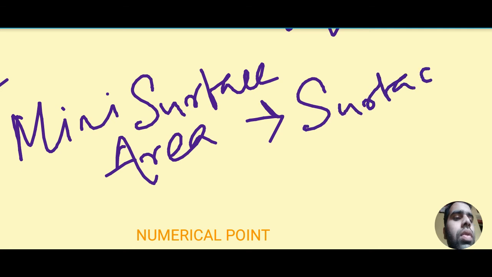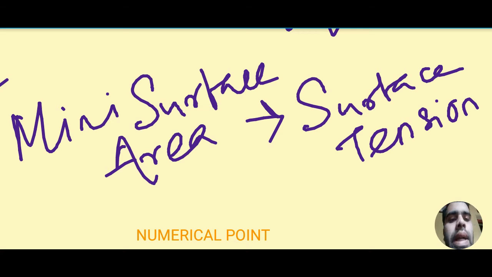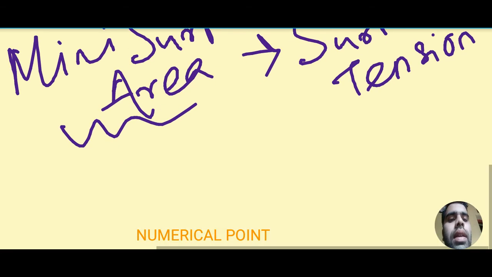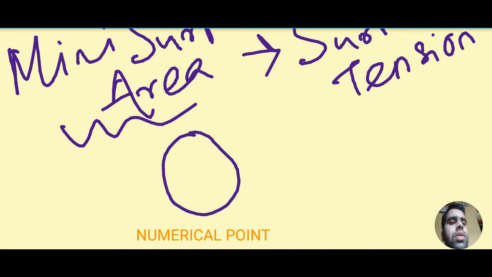Due to the surface tension force, water tries to attain the minimum surface area, and the minimum surface area is achieved by a sphere. So water tries to get the shape of a sphere in order to achieve the minimum surface area, which is caused by the property of surface tension.